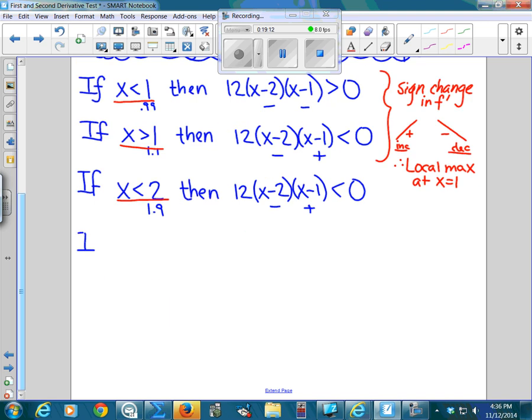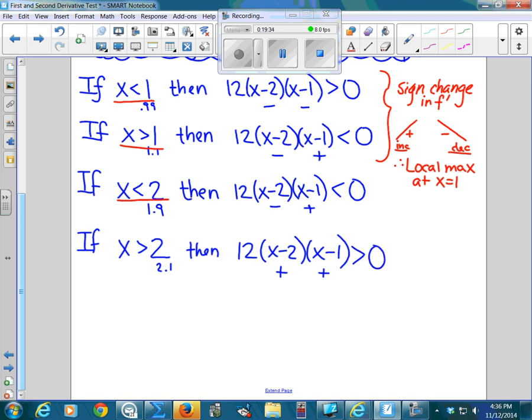And then if x is greater than 2, we have 12 times x minus 2 times x minus 1. We know if we put something like 2.1 in, the x minus 2 factor will be positive. The x minus 1 factor will be positive. We have an increasing curve again.